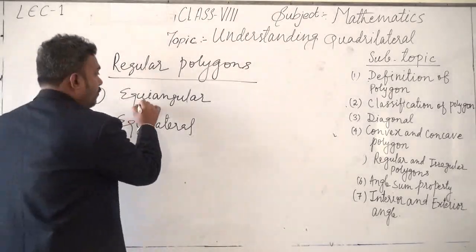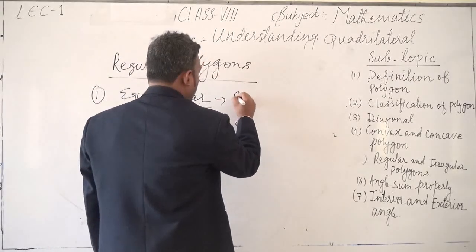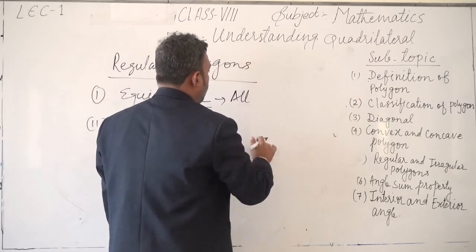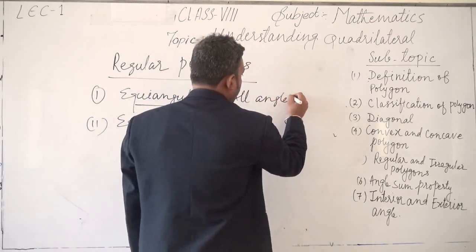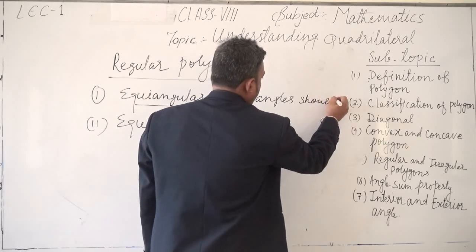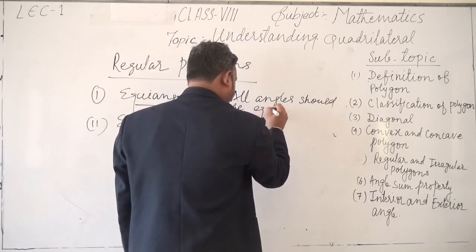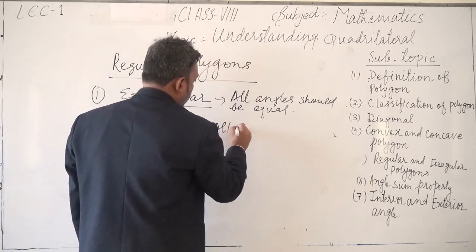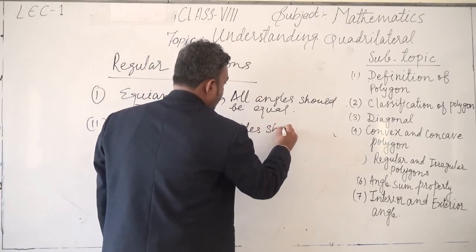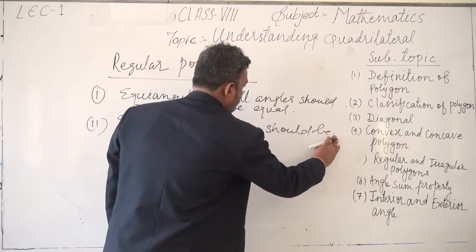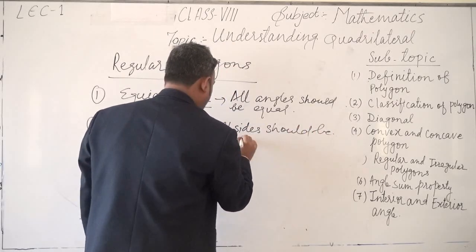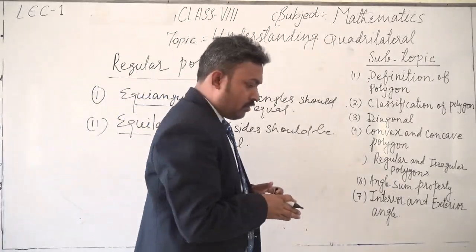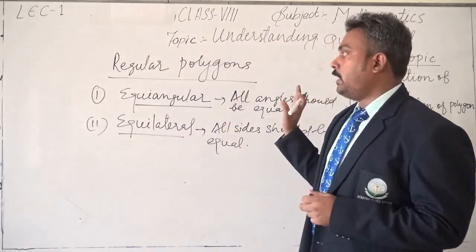The first, equiangular, means the measure of all angles should be equal, and equilateral means the measure of all sides should be equal. Such a polygon is called a regular polygon.